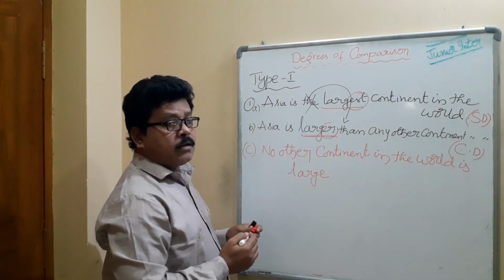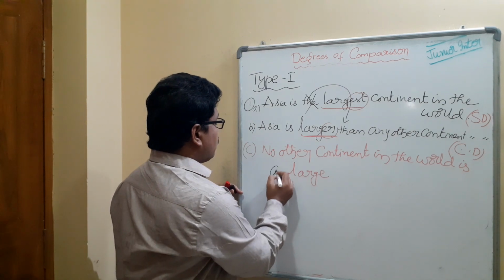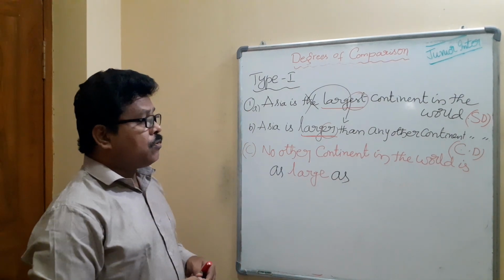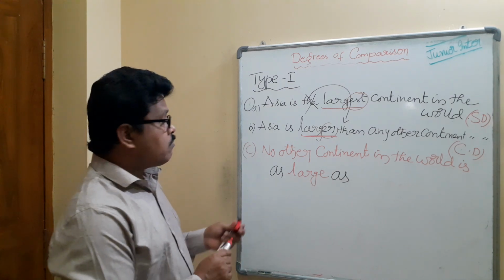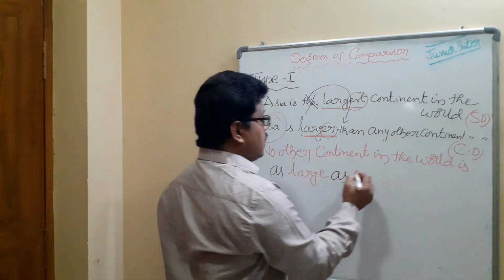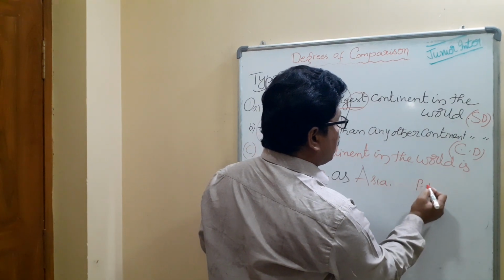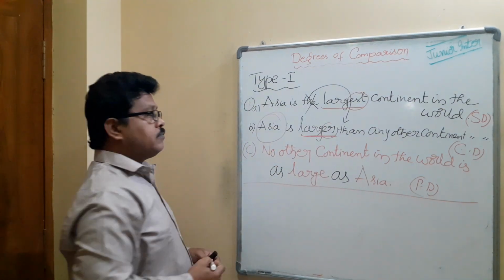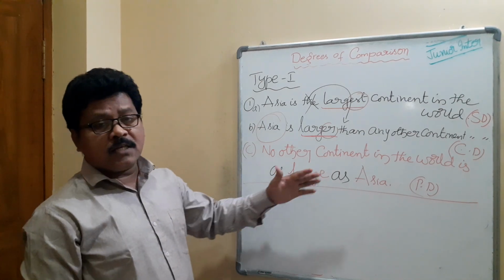On the left side we use the conjunction as, on the right side as. No other continent in the world is as large as. We are talking about one continent, that is Asia. So we have to write Asia. This is called positive degree. So no other continent in the world is as large as Asia.